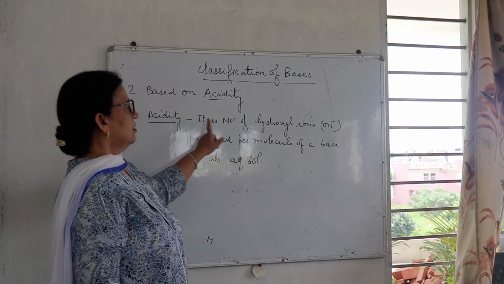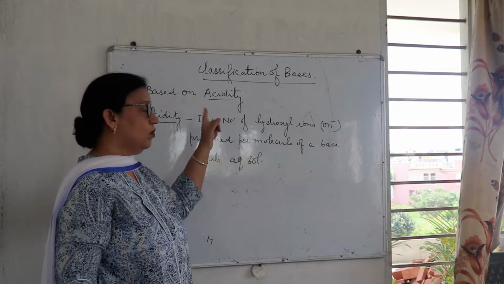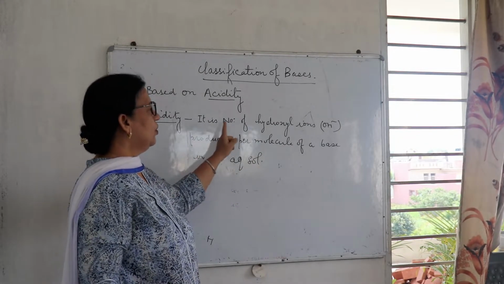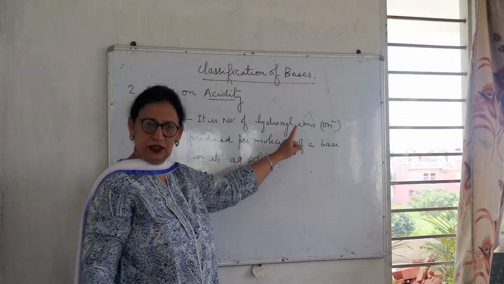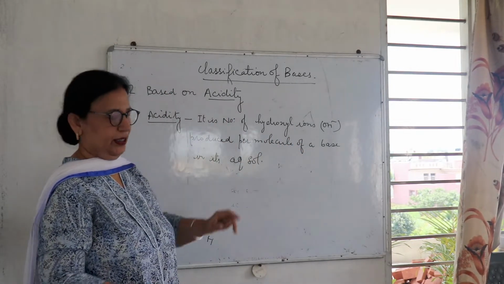So acidity is the number of hydroxyl ions produced when one molecule of the base is dissolved in water. How many hydroxyl ions it produces, that is the acidity of a base.